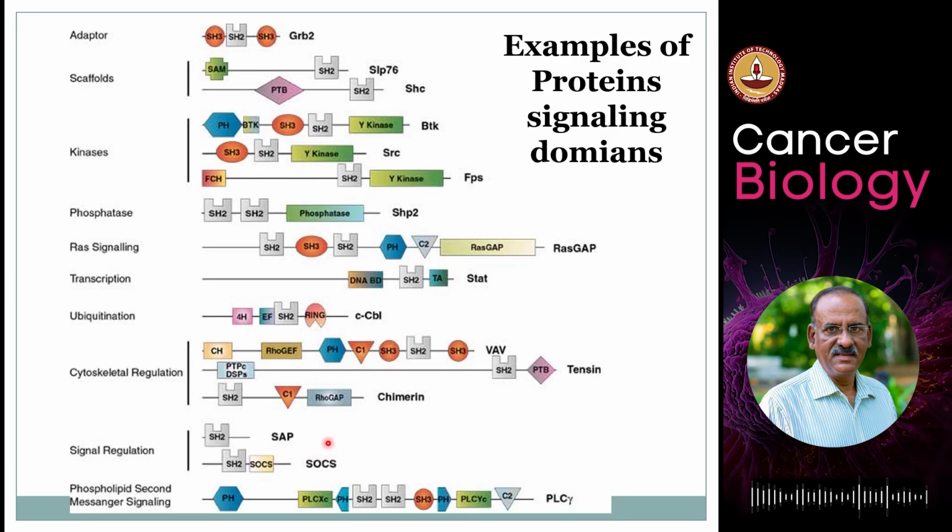And before that also the so-called SOCS, suppressor of cytokine signaling. That is the full form of that. It also contains an SH2 domain. Similarly, PLC gamma, we have already talked about it. It has a PH domain, SH2 domain and SH3 domain, and even three PH domains are there. So you can understand that.